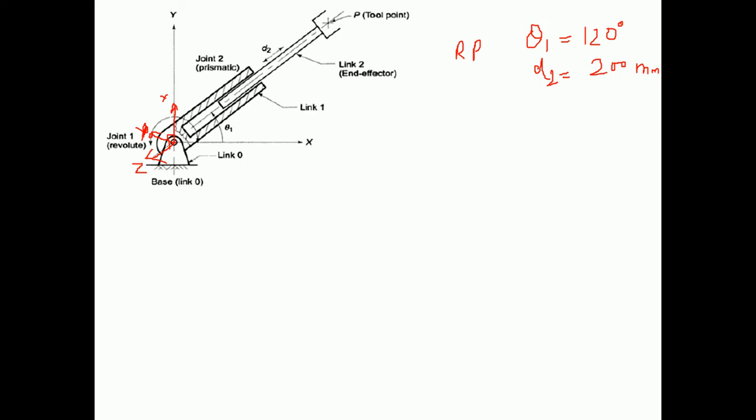Now for the second joint, between joint 2 and this bar, the motion is going to be performed in a translation manner, in such a manner. So the z is going to be created over here, and with this diagram, as per the rule, the x axis must be perpendicular to this z axis, which can be created in this direction.